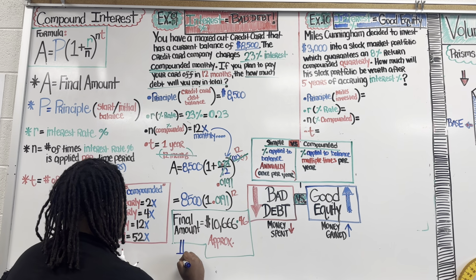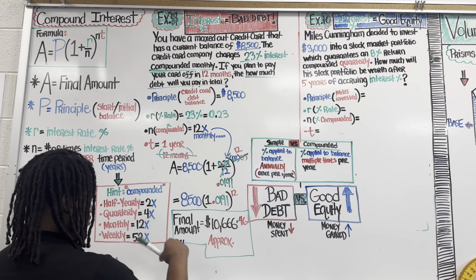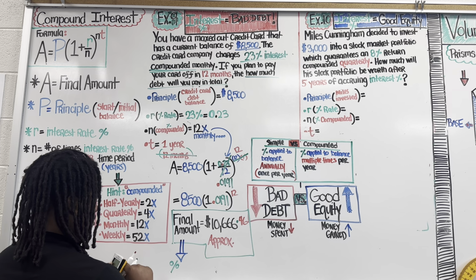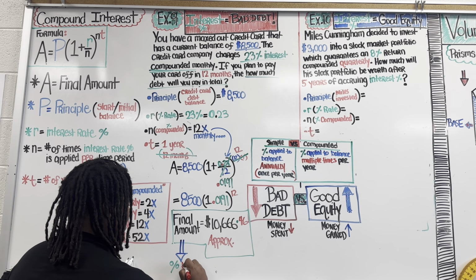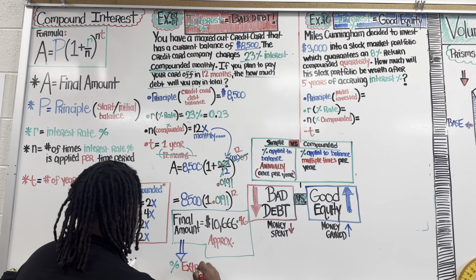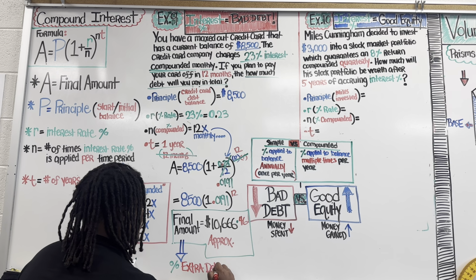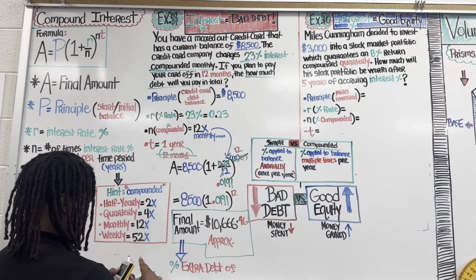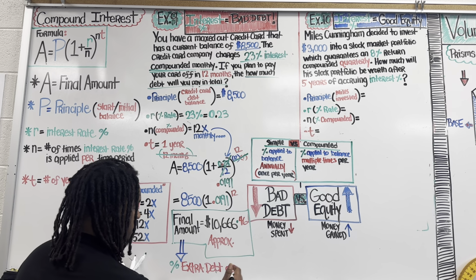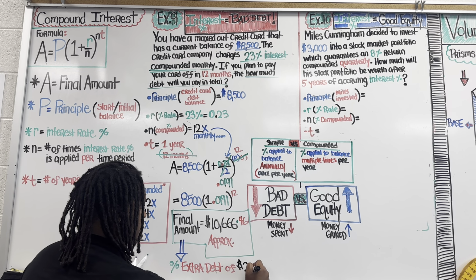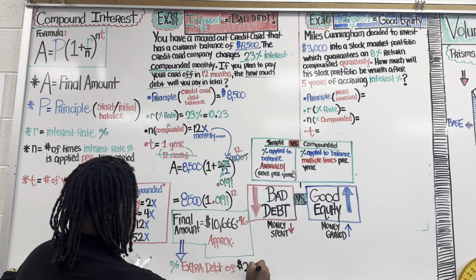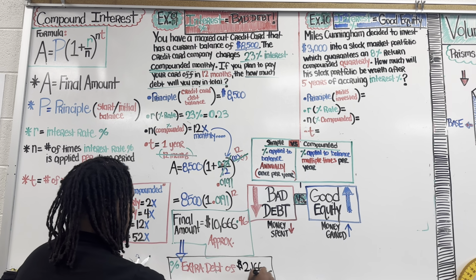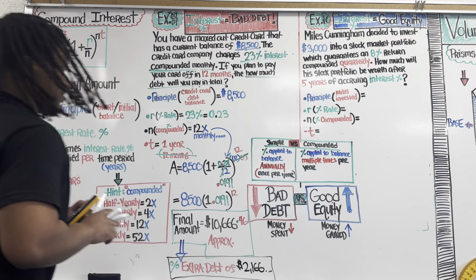So due to the interest, right? You paid an extra debt of $2,166, somewhere around that, due to the interest rate of 23%, right?